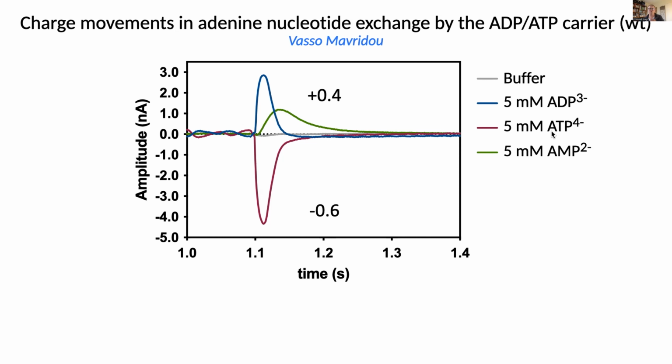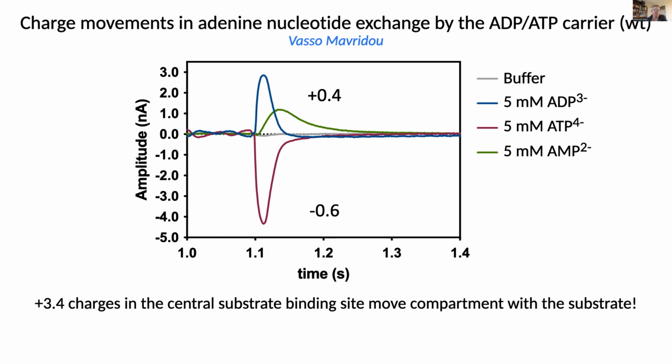This at first might be striking, because obviously they're both negative particles, but the answer to this riddle is the assumption that when a substrate is transported, a 3.4 positive charge moves with it from one compartment to the other. So if you get 3.4 positive charges and -3 from the substrate, you get a positive 0.4. And if you now move ATP, you have a -4 particle plus 3.4 charges, which is a -0.6 charge movement.